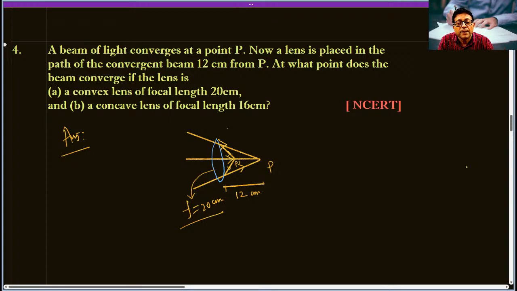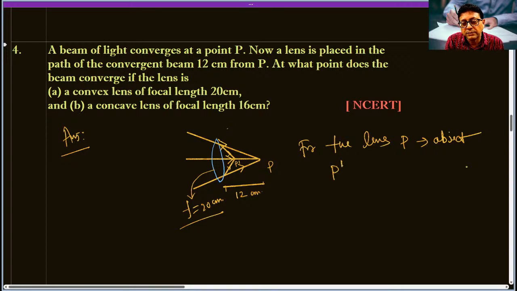So this P dash, actually one can think that it is the image formed by the lens whose object is at P. So now for the lens, P is the object and P dash is the image.